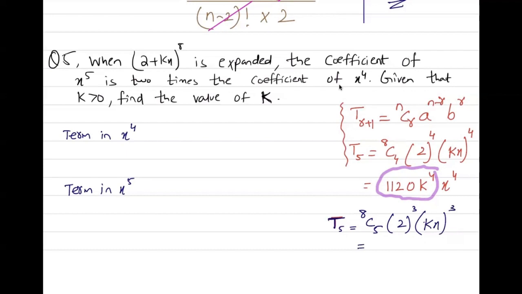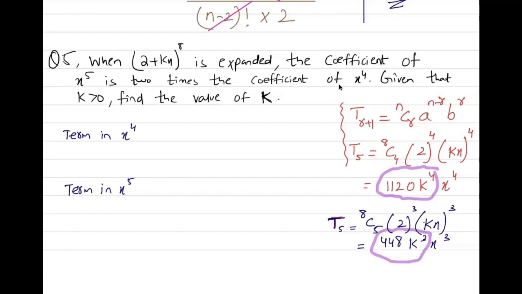So 8C5 is 56. 56 times 2 cube is 448. k, x.